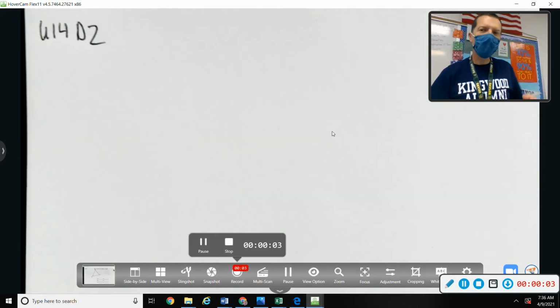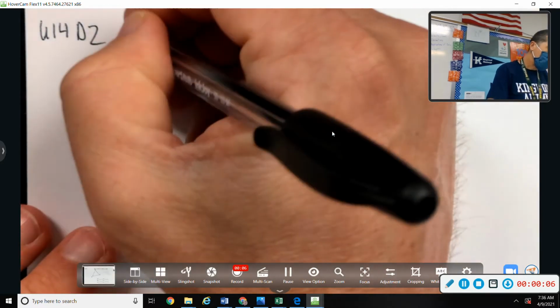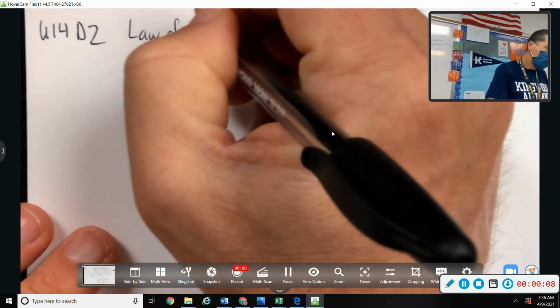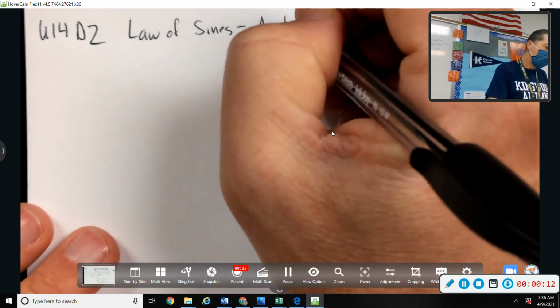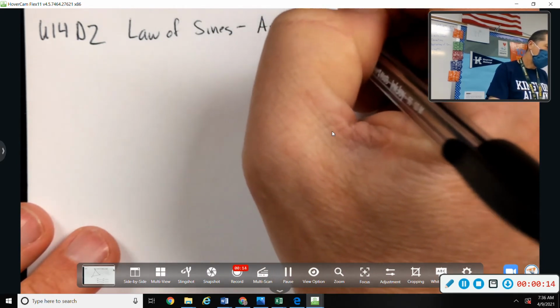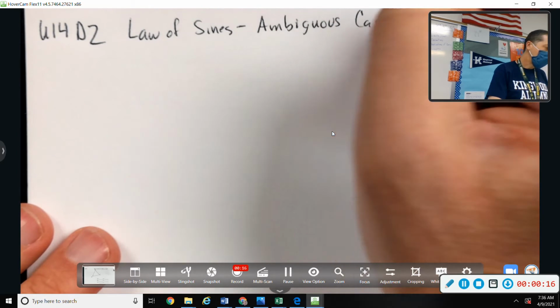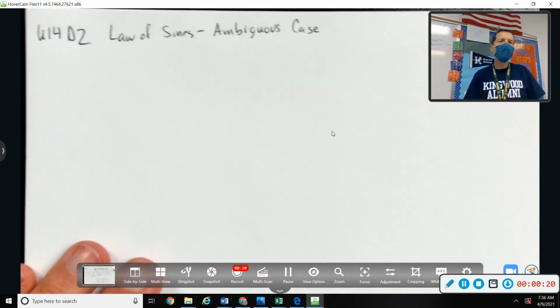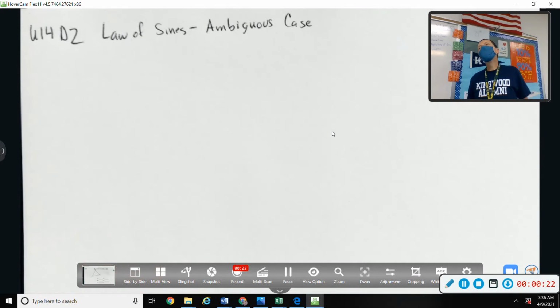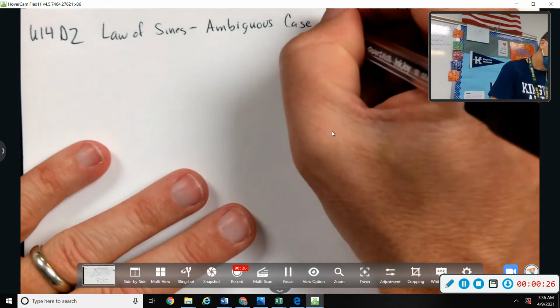All right, ambiguous case. So law of sines, same formulas, using the same way, but something weird is going on when we have the ambiguous case. We talked yesterday about side, side, side, side, angle, side, all that stuff.